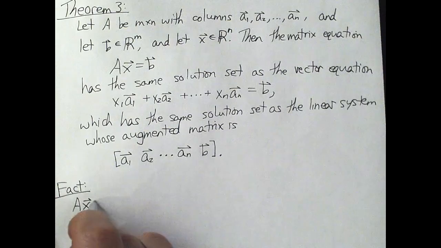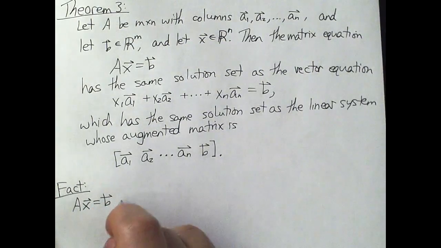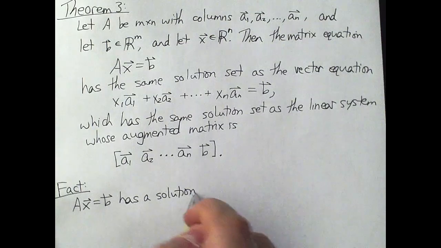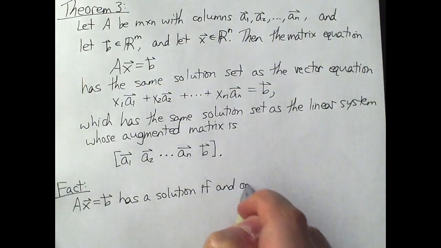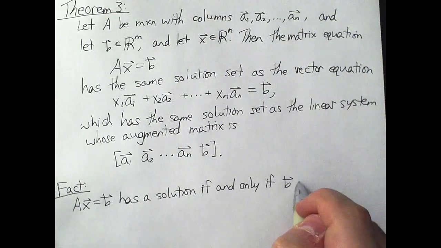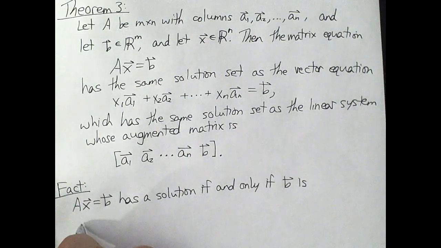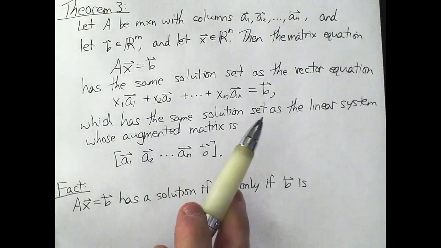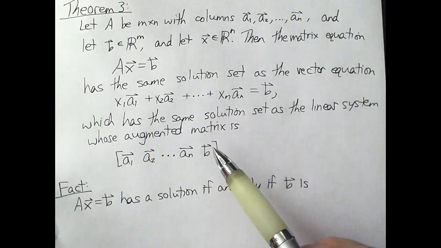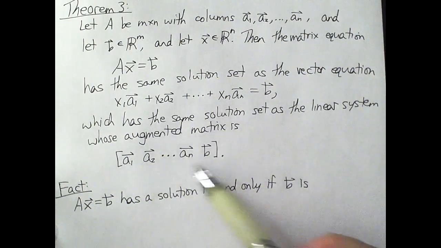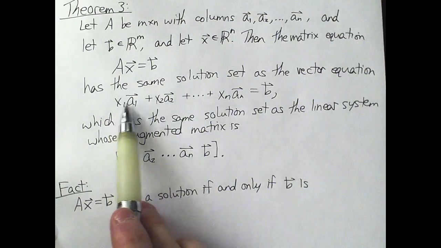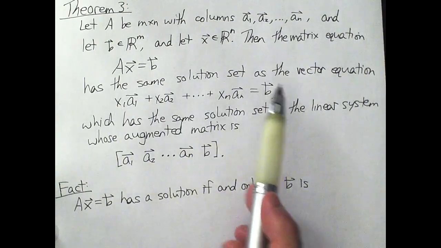It says AX equals B has a solution if and only if B is, before I finish the sentence, let me just show you what I'm getting at. In order for this system to have a solution, there would have to be an x1, an x2, an x3, all the way up to xn. There would have to be those numbers that make this thing true.